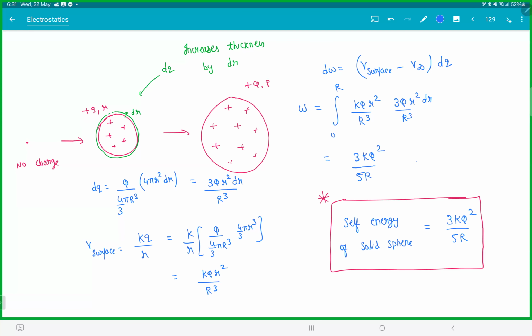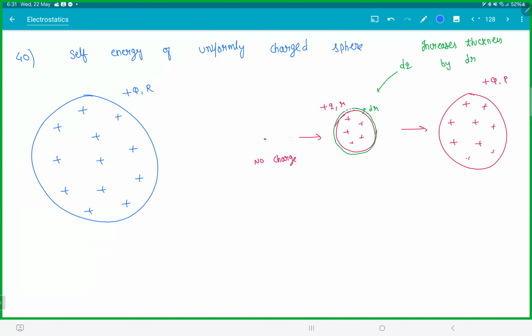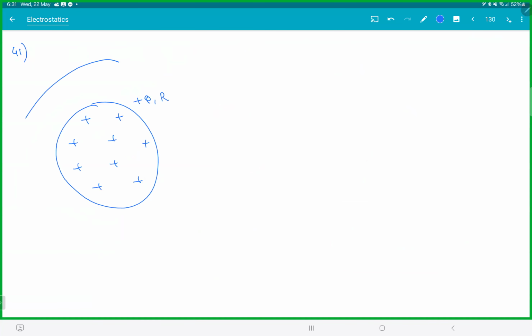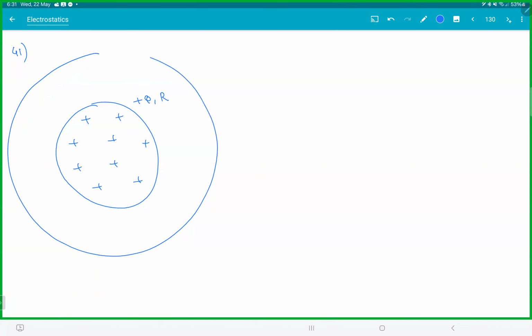Let's see our question. So we have a solid sphere with charge plus Q, radius R. This is covered by a hollow shell with charge plus Q, radius 2R.